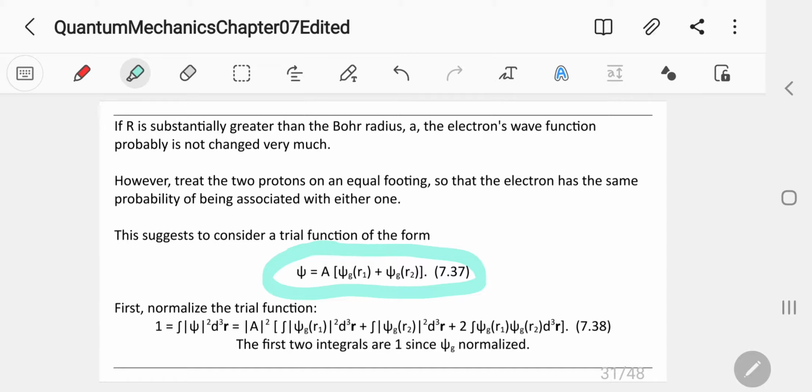This is a non-committal wave function where the electron could belong to the first proton, or it could also belong to the second proton. So here you have to normalize to get A. So this is the normalization. Of course this one is 1, and this also is equal to 1, but this one we have to elaborate the third term there in order to get A.